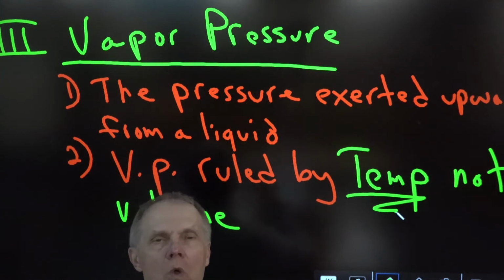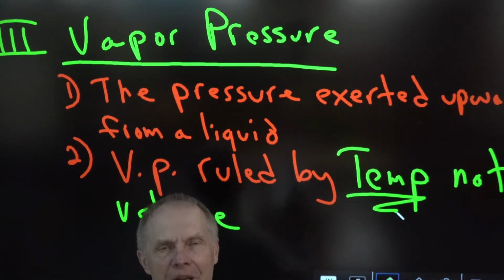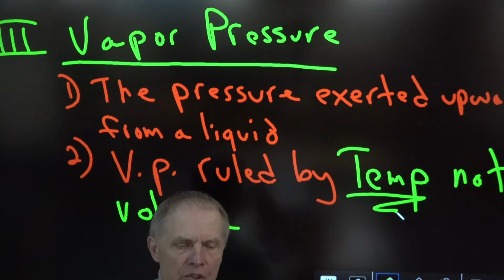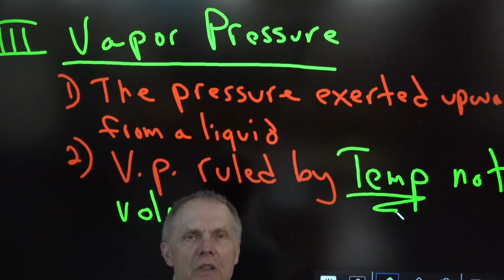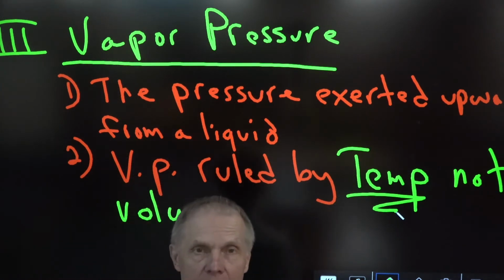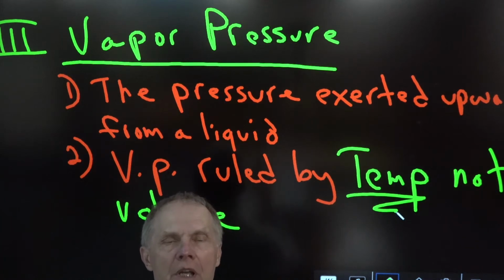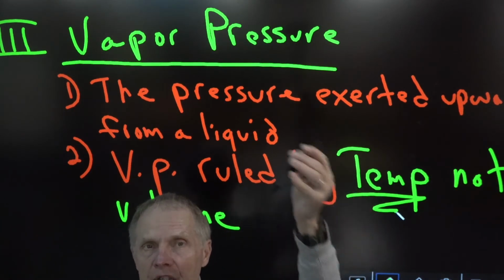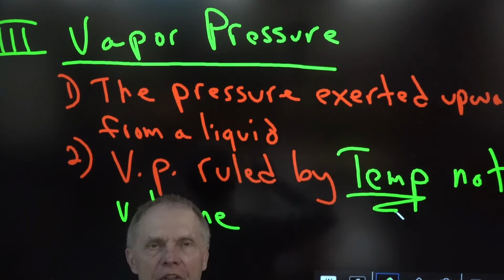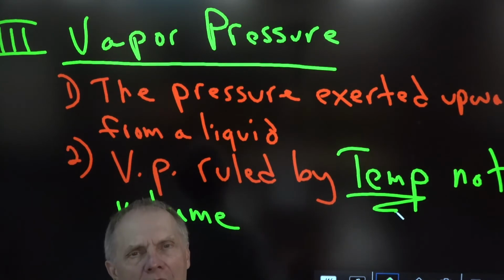So if two liquids have the same temperature, they have the same vapor pressure. And in order to increase the vapor pressure, you heat it up. Vapor pressure is ruled by temperature. So if we think of vapor pressure pushing up from a liquid, and then remember, atmospheric pressure is pushing down, these are going to be the two key factors when we talk about boiling point.